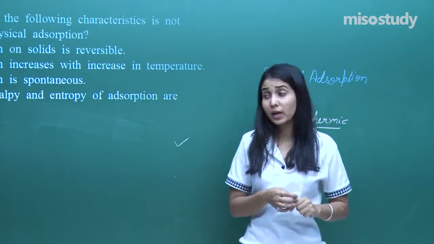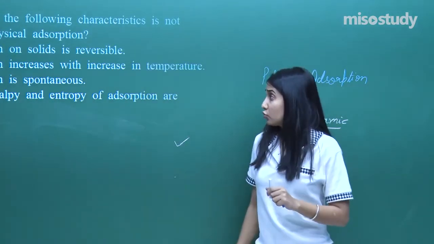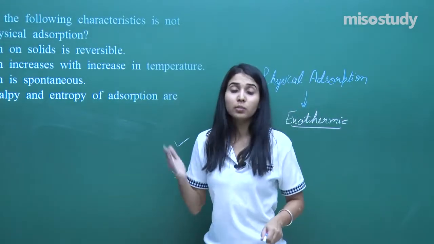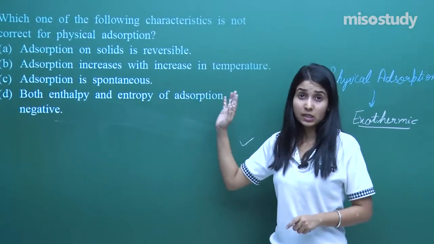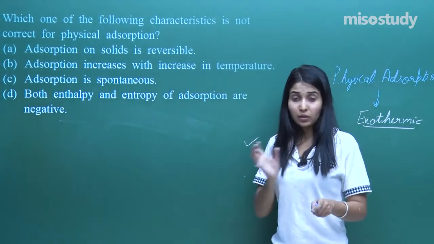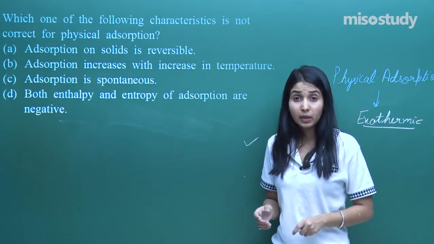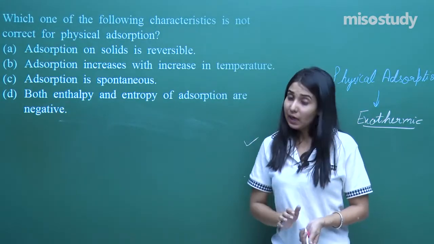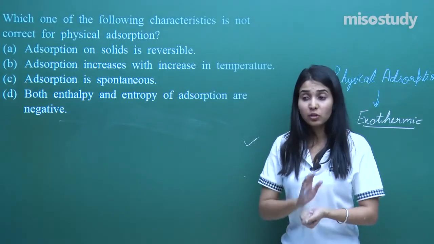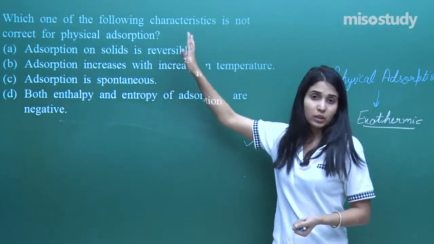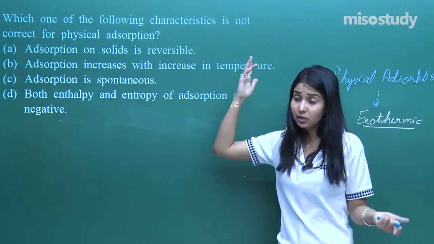This is fixed, right? First point, adsorption is reversible. Well, of course, we have done that. This is the type of adsorption where the bond is simply formed by van der Waals forces, by the interaction between the adsorbent and the adsorbate. And because this is physical in nature, it does not involve the formation of any chemical bond. So this is totally reversible. So that is a correct statement.